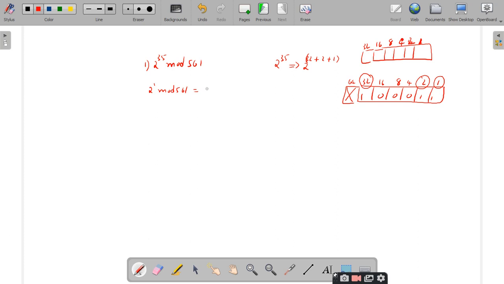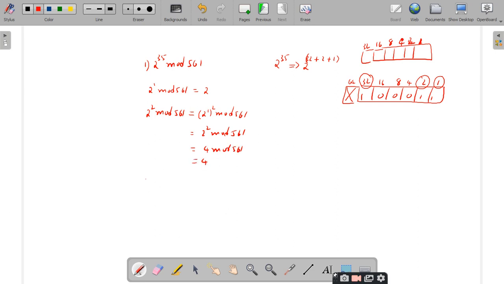It is 2. Now 2 square mod 561 is 2 power 1 whole square mod 561. I know 2 power 1 mod 561 is 2, therefore 2 square mod 561 is 4.